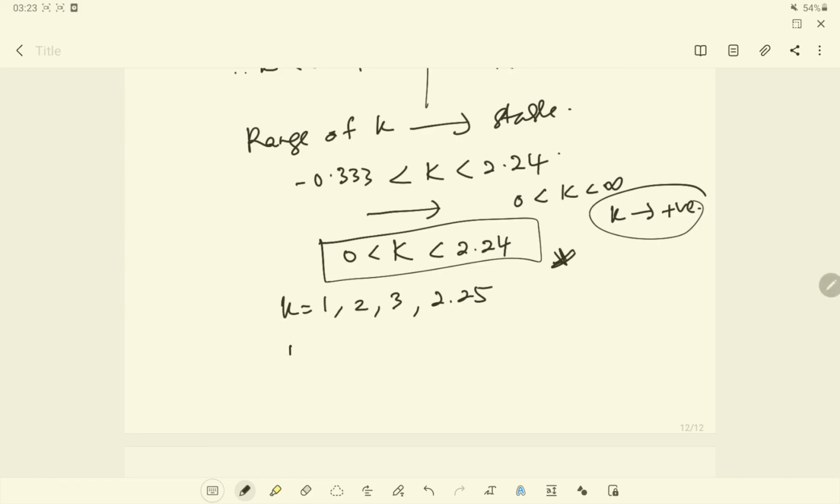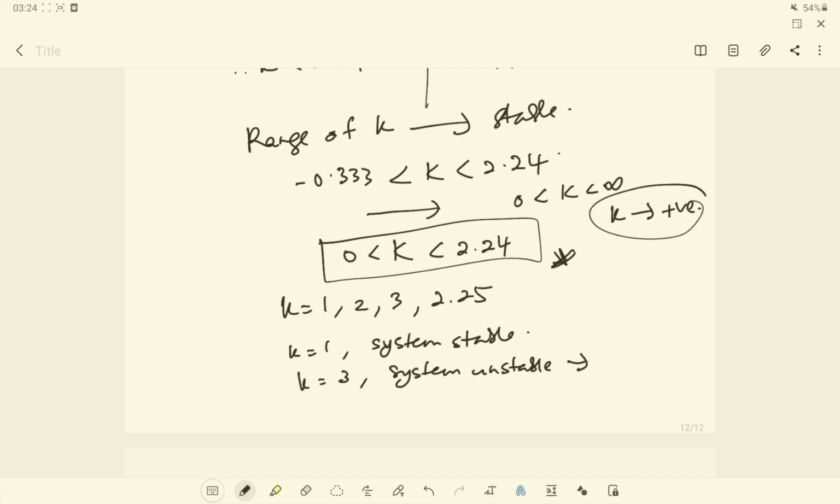So first, if K equal to 1, the system is stable. If K equal to 3, the system is unstable because it is not in the range of the K value.